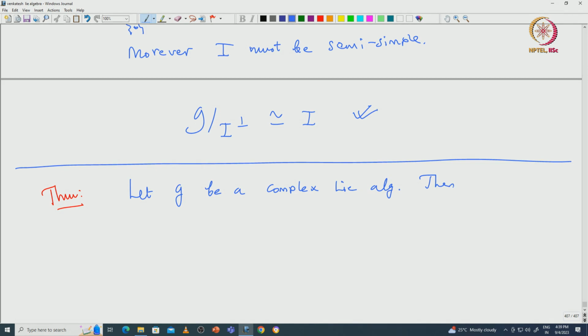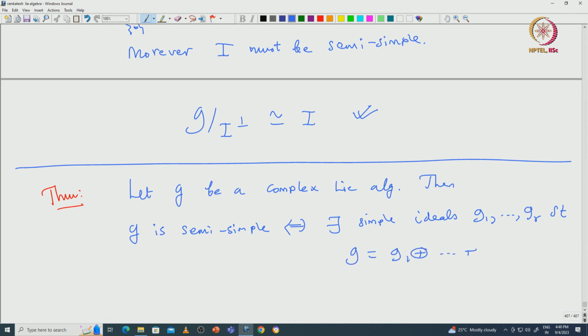Then G is semi-simple if and only if there are simple ideals, or simple algebras, G1 etc. Gr such that G is equal to G1 direct sum etc. direct sum Gr.